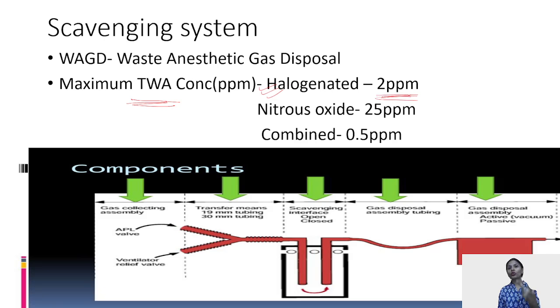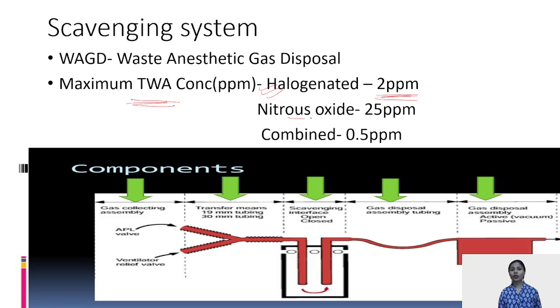It is only 2 ppm of halogenated inhalational agent which has to be present in the air around the anesthesia provider or all the people who are in the operation theatre. That is why I hope that you all know that whenever there are long surgeries, now we have teams divided.